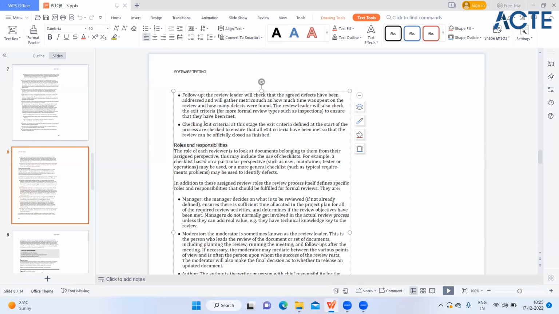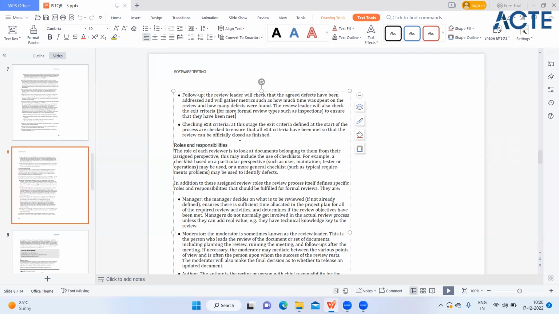Okay. Now next is checking the exit criteria. At this stage, the exit criteria defined at the start of the process are checked to ensure that all exit criteria have been met so that the review can be officially closed and finished. Just remember where we are closing the review process.